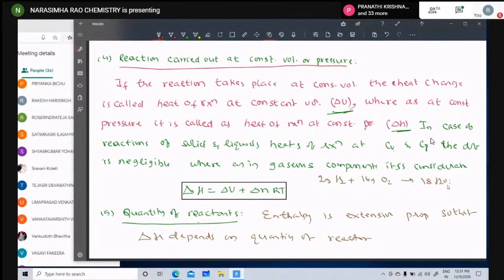Delta H, for example, taking liquid, is minus 286. In case I take 4 grams of H2 and 32 grams of O2, then 36 grams of H2O liquid state, it is 572 kilojoules. Here quantity is increasing, heat of reaction also increases. Children, it's clear now?